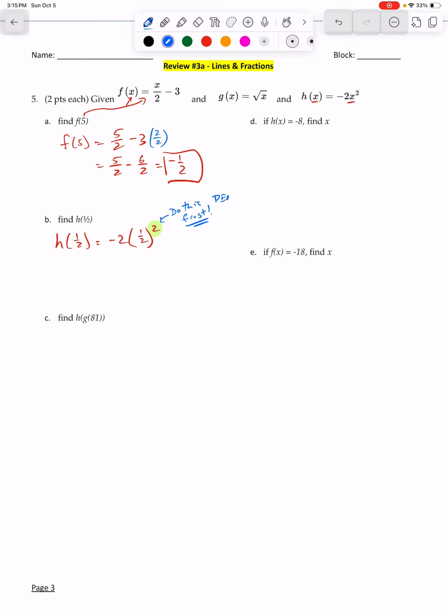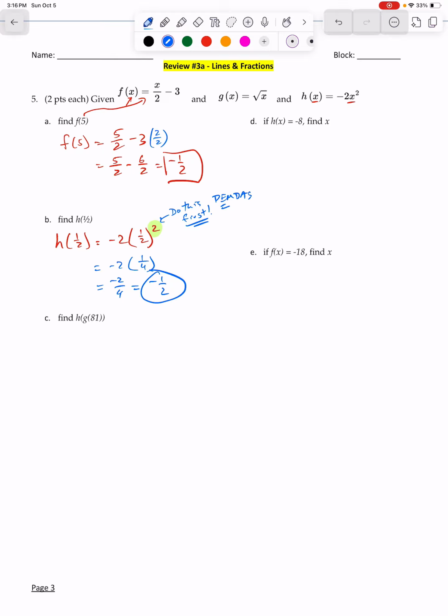Because of PEMDAS, it's an exponent. So it's -2 times 1/2 times 1/2 is a fourth, is -2 over 4, which is -1/2. Huh, look at that, I get the same answer as f of 5.